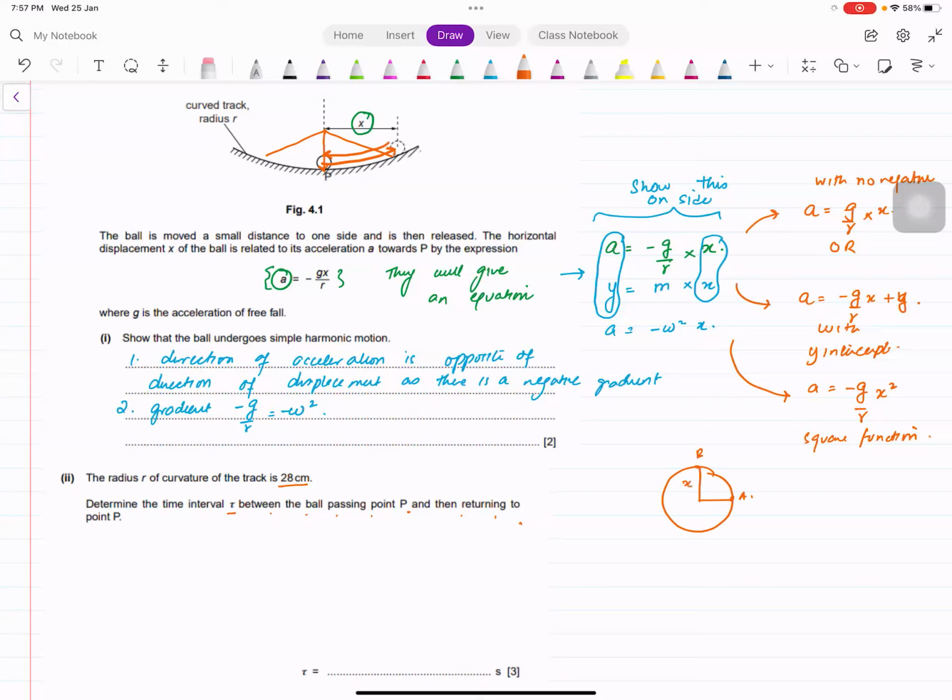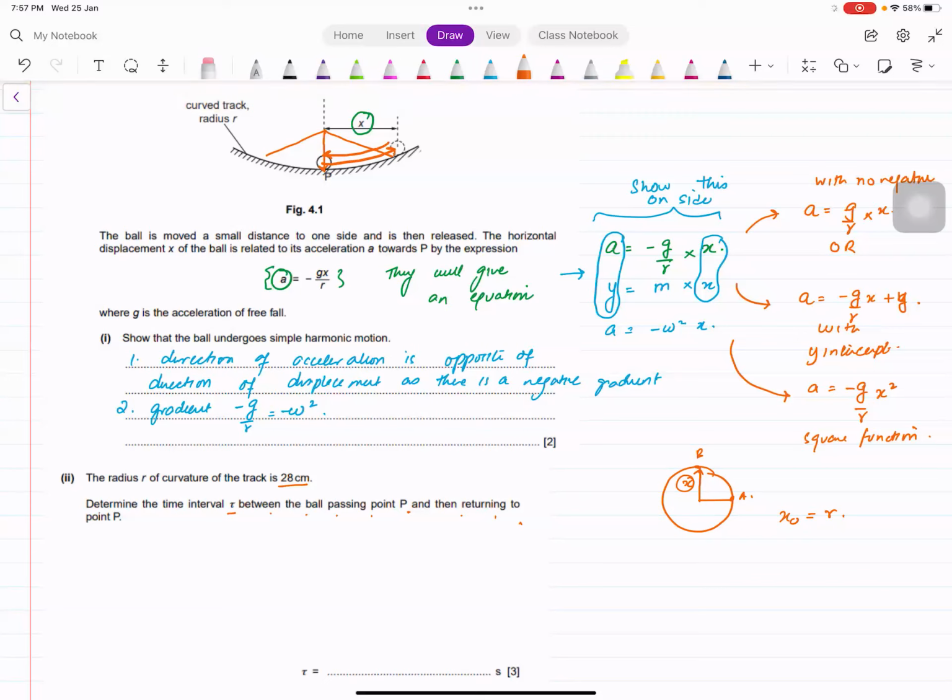That is x. Isn't this displacement also equal to the radius? Yes, it is. So we could say that the radius of curvature, whatever it is, would be the maximum displacement, the amplitude.